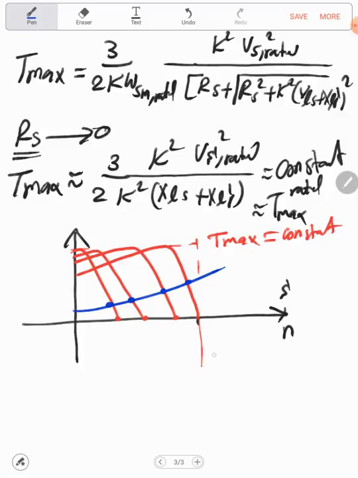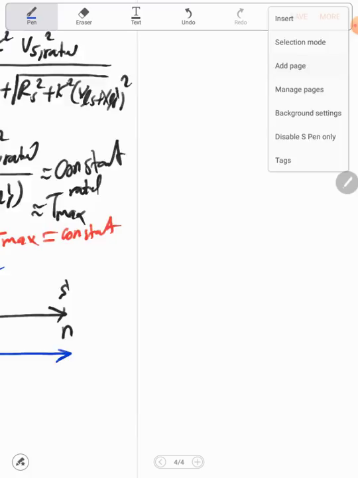Now what about if we increase the frequency above the rated? In this case, we cannot increase the voltage.